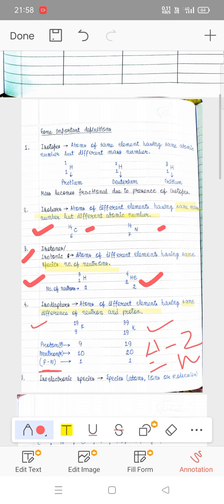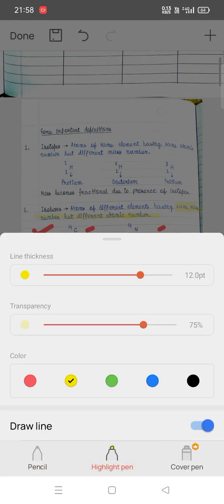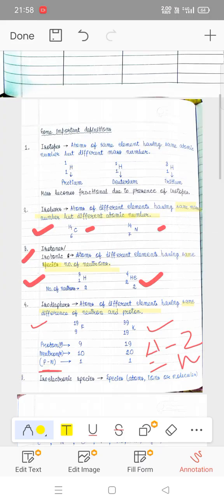So these are isodiaphers. Next we are coming to isoelectronic species. Now what is this species?